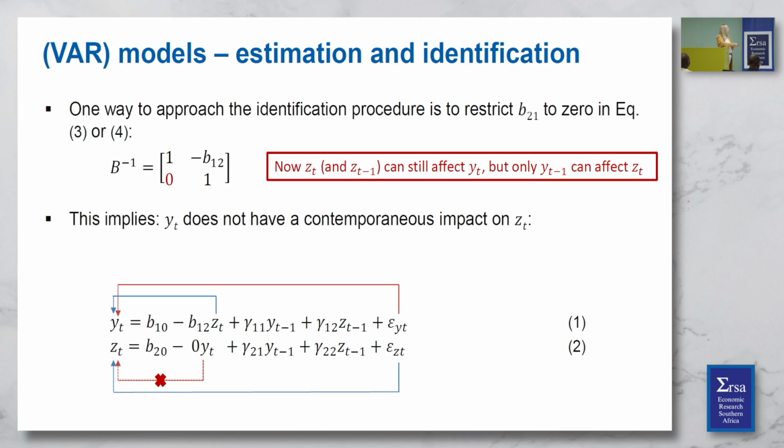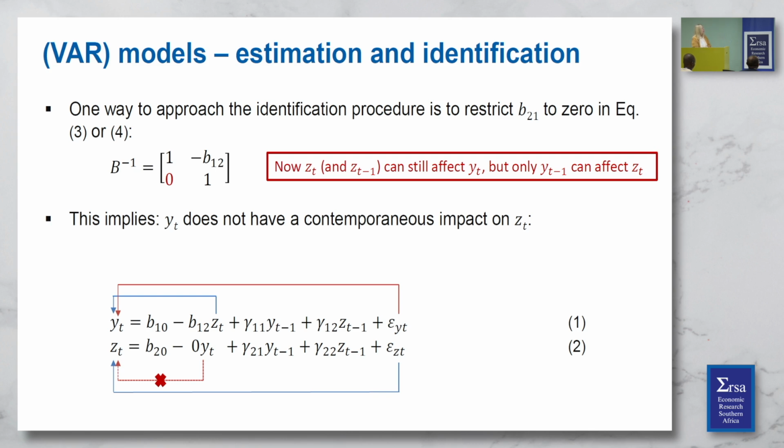So how do we now identify the system? Effectively, the Cholesky decomposition will go to this beta parameter matrix, and in this case, the lower triangle is only one element. If it's a 3 by 3, there will be another one here, so we will have 3 zeros in the lower triangular part.